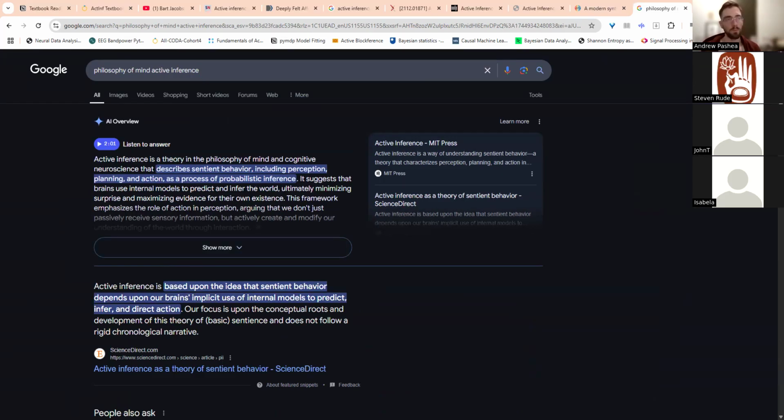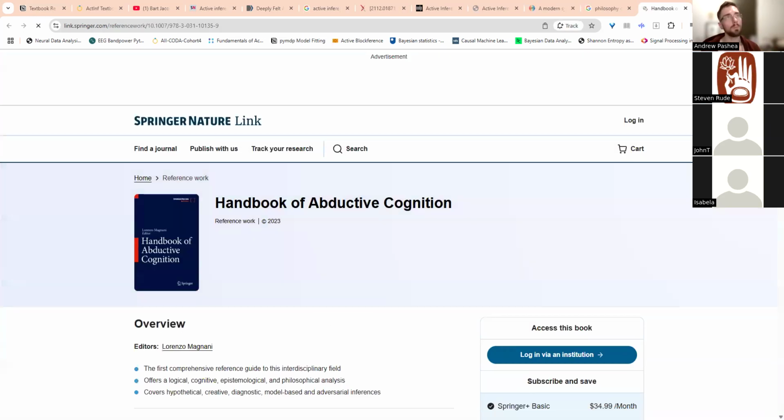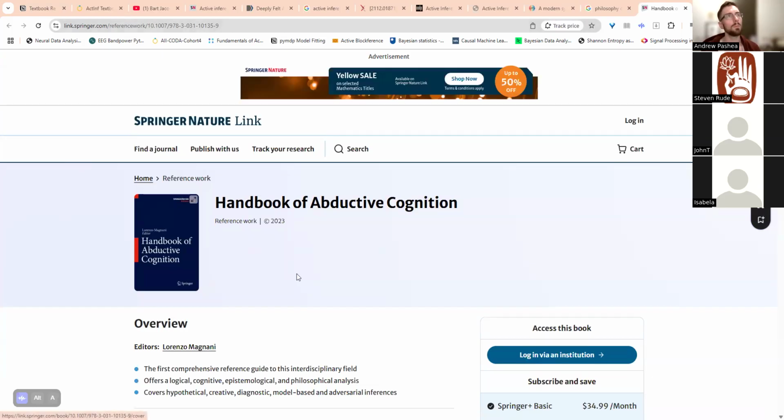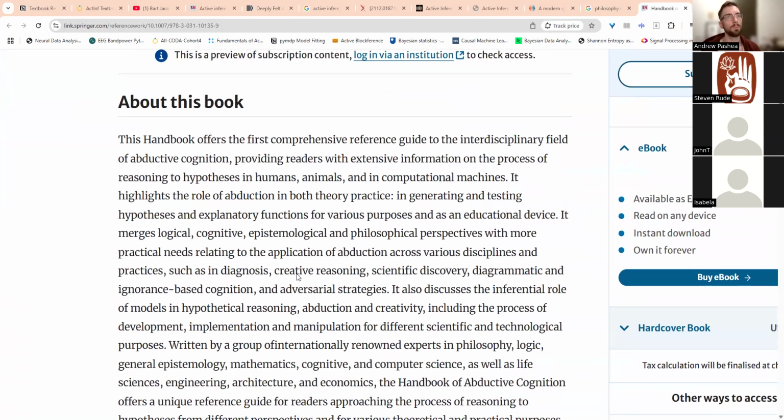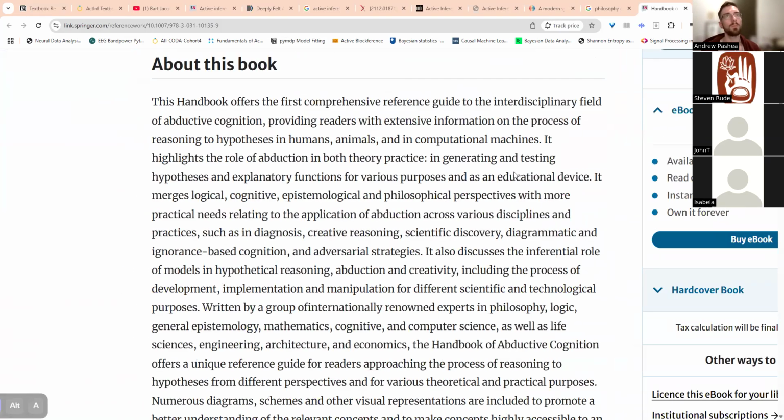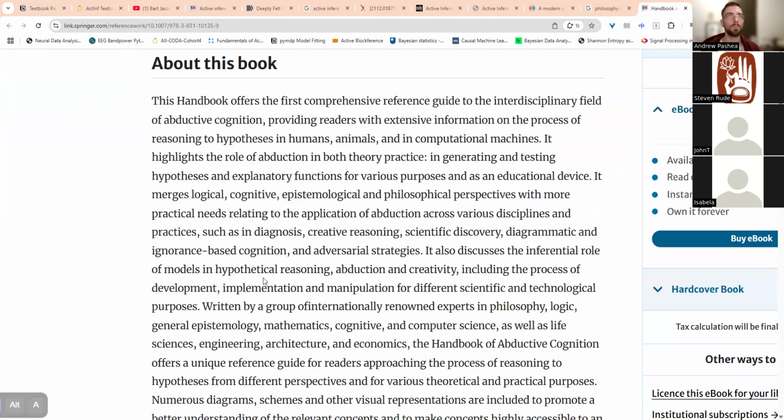The Handbook of Abductive Cognition gets at this whole epistemological issue of what is cognition. How do we know what we know? Why do we call something sentient and not other things? A self-regulating system that is not even biological, with chemical processes, we don't have to imbue any sentience to that.